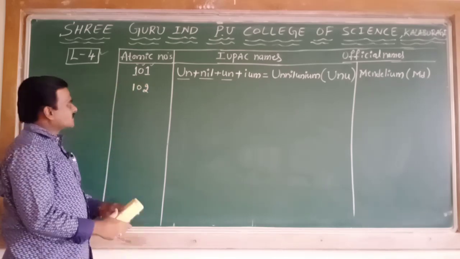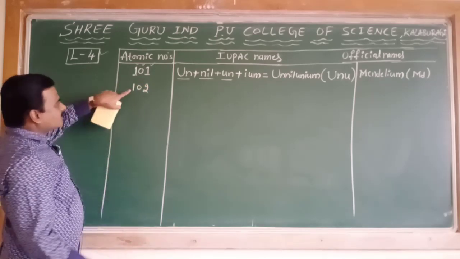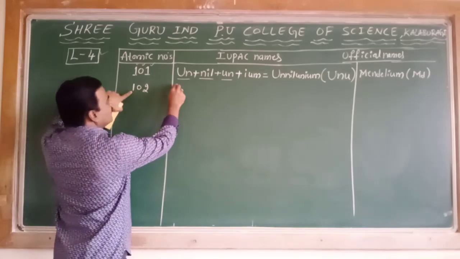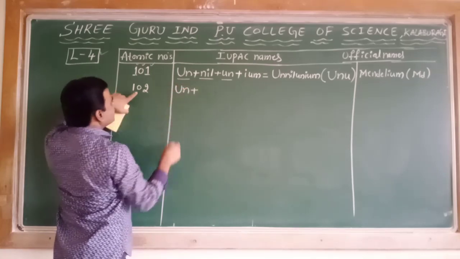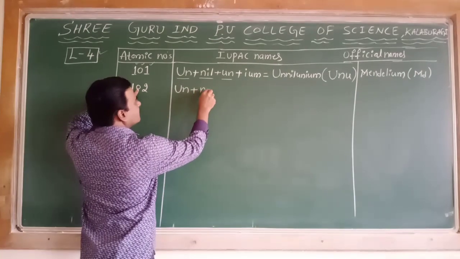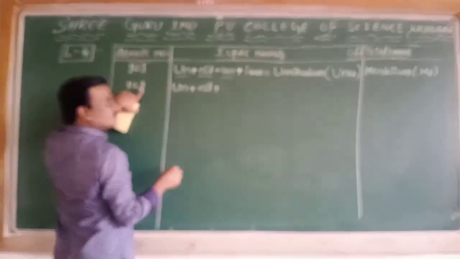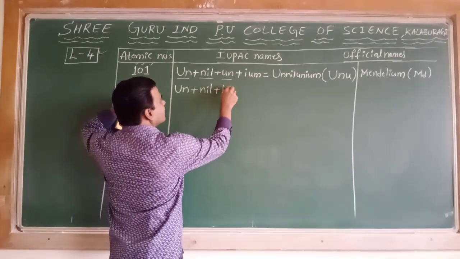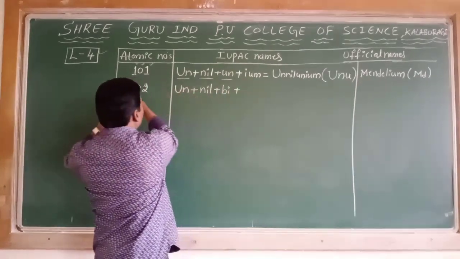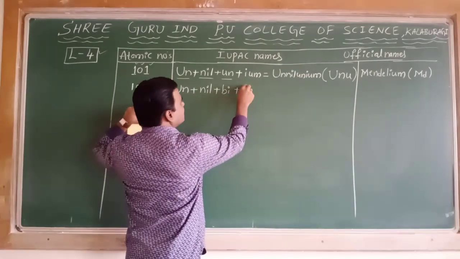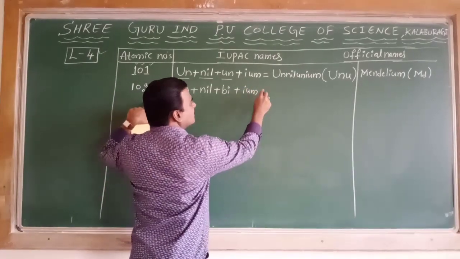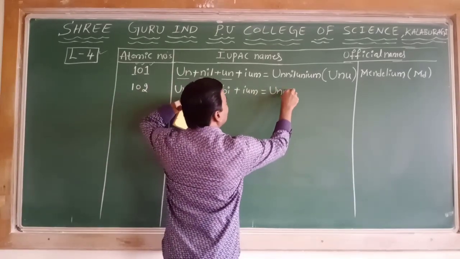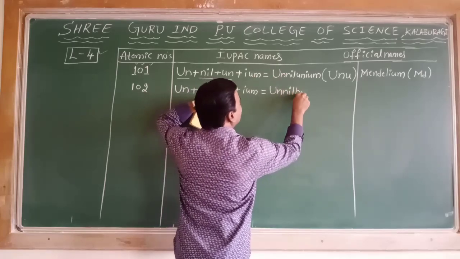The digit 1 is un, plus nil, and the Latin name of the digit 2 is bi, plus the suffix ium, which is compulsory. The names are joined together: un, nil, bium.